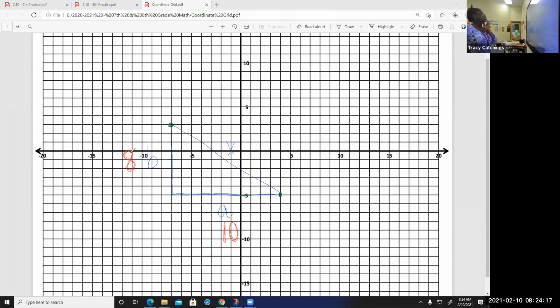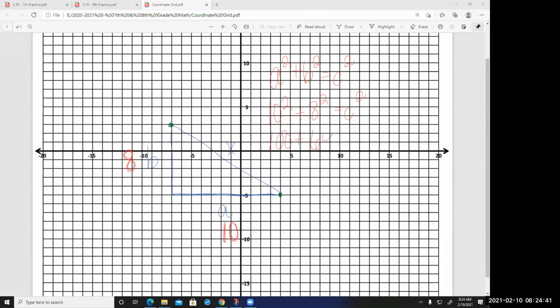What equation? A squared plus B squared equals C squared. Thank you, sir. All right, we said A was 10, so we have 10 squared plus 8 squared will be equal to C squared. What is 10 squared? 100. 8 squared. 64.